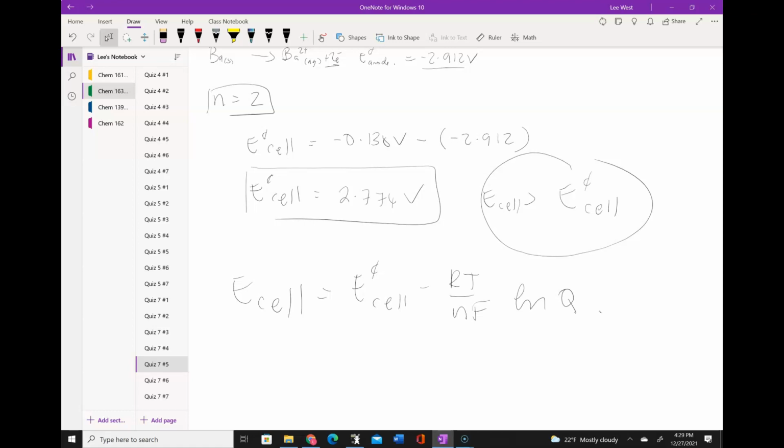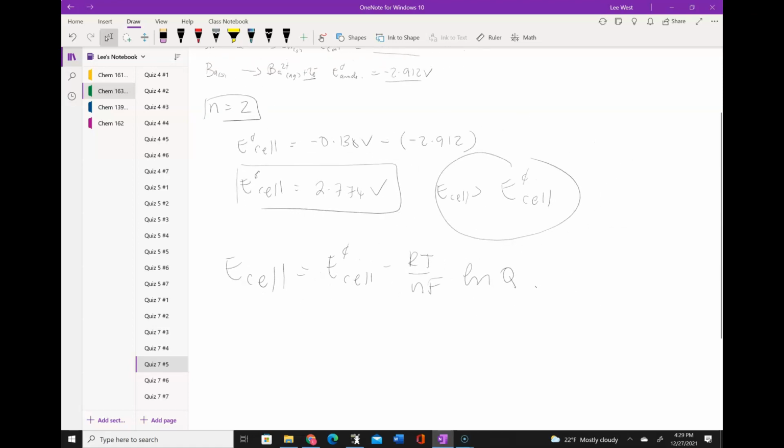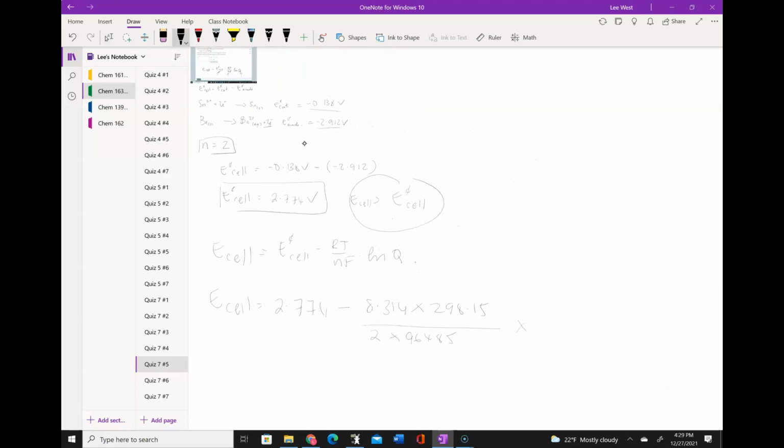Now we've got to be a little bit careful here because we've got some solids and they're not going to appear in our expression for Q. So E cell is equal to E naught cell, 2.774, minus RT on NF, so 8.314, and our temperature was 25 degrees Celsius or 298.15 Kelvin. On N, we said that N was 2, F was 96485, and then that is multiplied by log of Q.